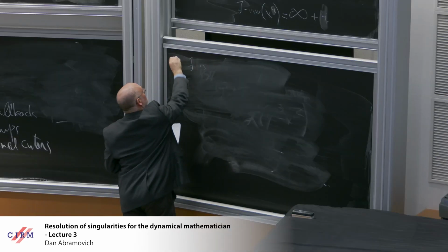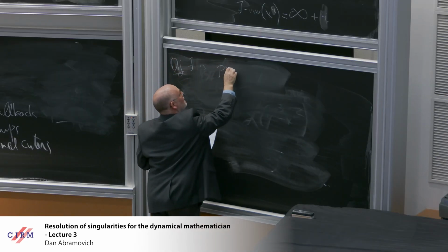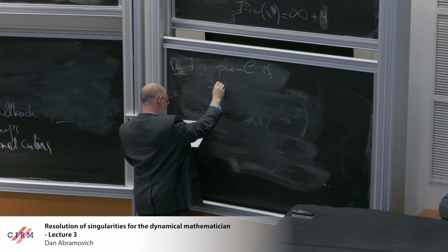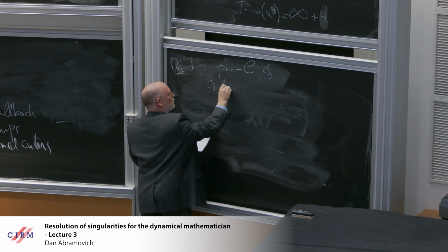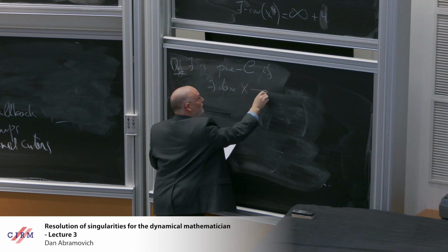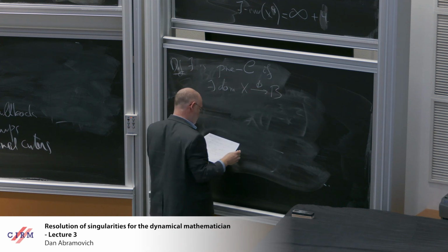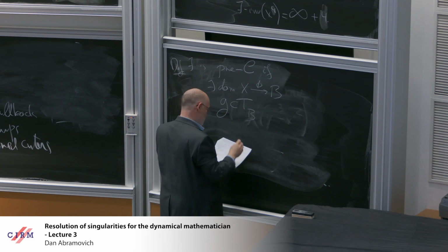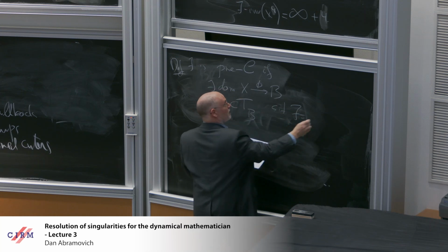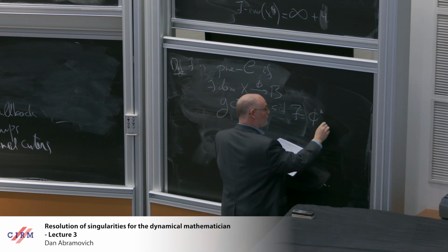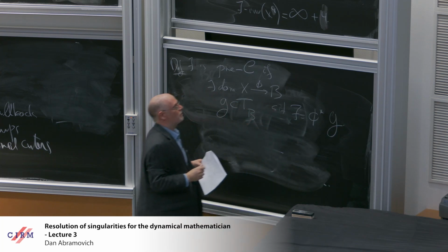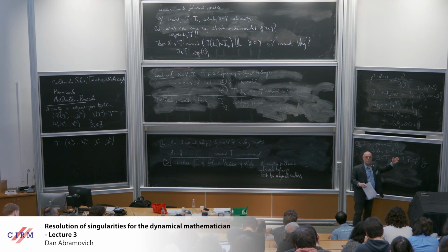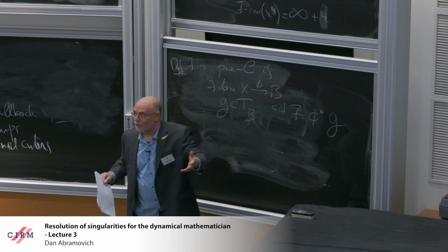So F is pre-C if there exists a dominant rational map phi and a foliation G on B, with G in C, such that F is phi upper star, the foliated pullback of G. So, in particular, an algebraically integrable foliation is a pre-zero foliation, if you wish.